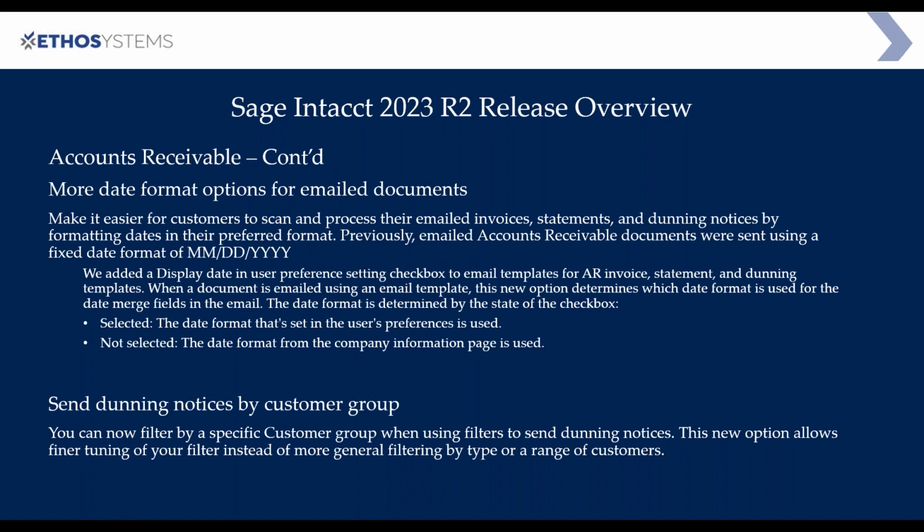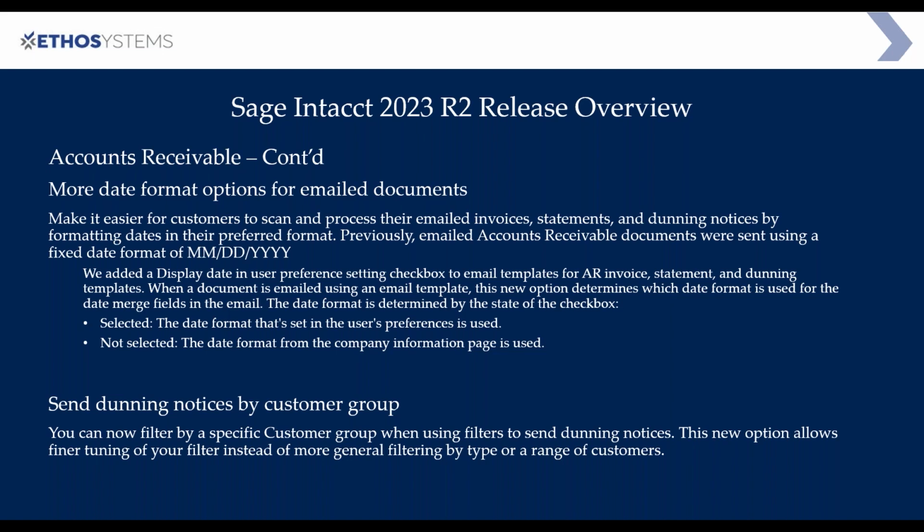Some additional changes in accounts receivable. You can now format the date differently on documents that you send to your customers. This is to add additional visibility for your customers who might use scanning options and things like that for their invoices. So this accommodates different date formats.